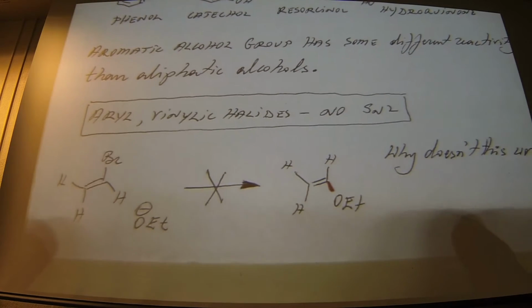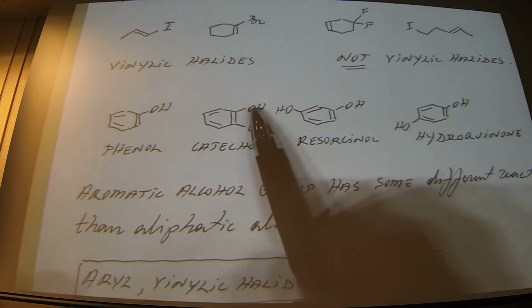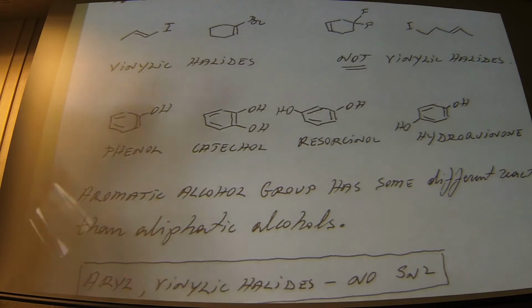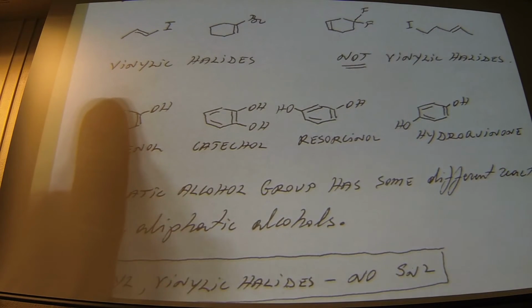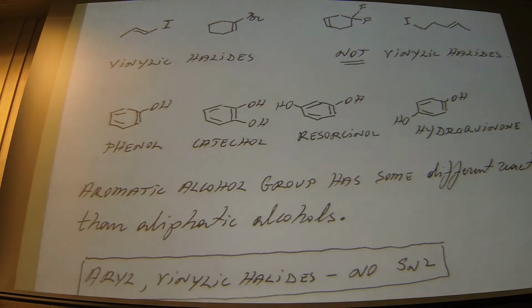Okay, so these are aromatic alcohols, all of them, right? We have an OH bond. In one sense, they're also enols, right? Because if I close my eyes and look at that, that looks like an enol. And in fact, we'll see that it has sort of enol-like reactivity in some instances. We've already kind of seen that, right?